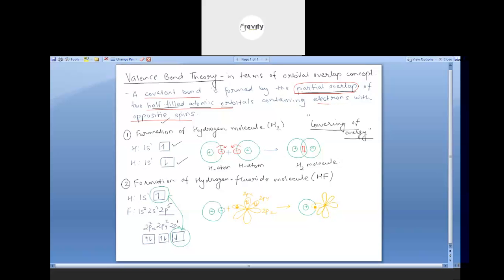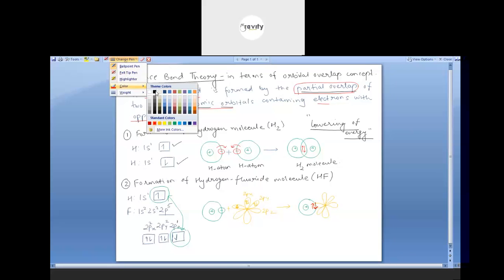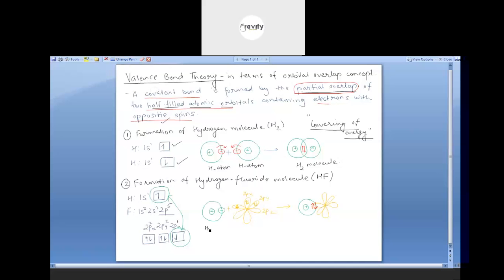In this particular region, we have the overlapping with two electrons of opposite spin, and they have paired themselves. So a bond is formed, and this has led to the formation of the HF molecule. This is the H atom, this is the F atom, and this is the HF molecule.